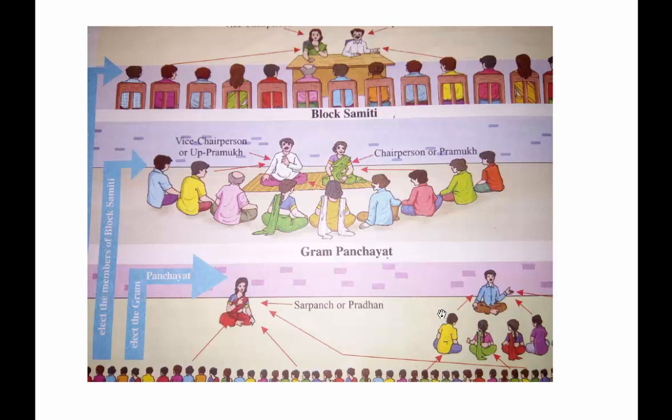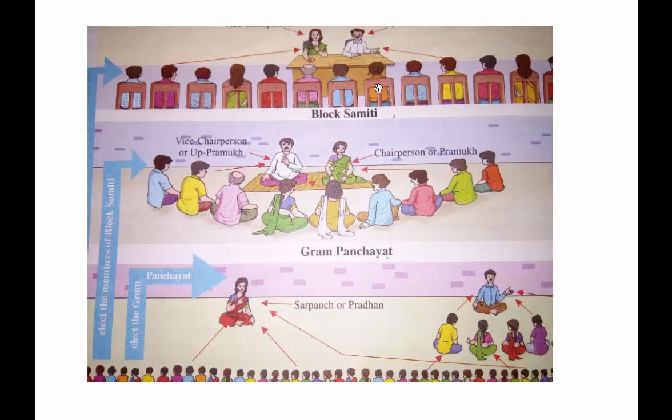And we have another cluster, another group in which they are having a meeting. And in the middle level, we have a block committee. Their chairperson is known as Pramukh, or they have even Upa Pramukh or vice chairperson. So that is how they organize the meeting, or they execute the power.